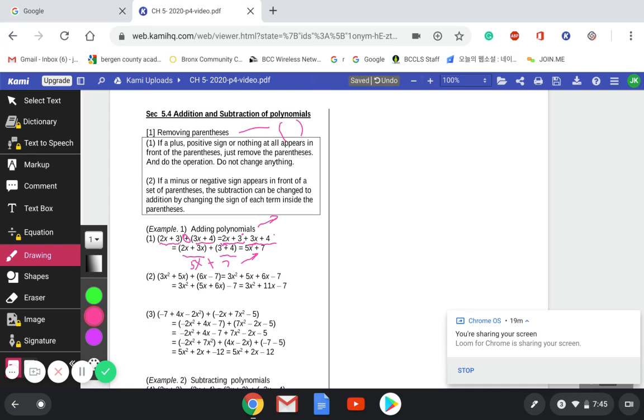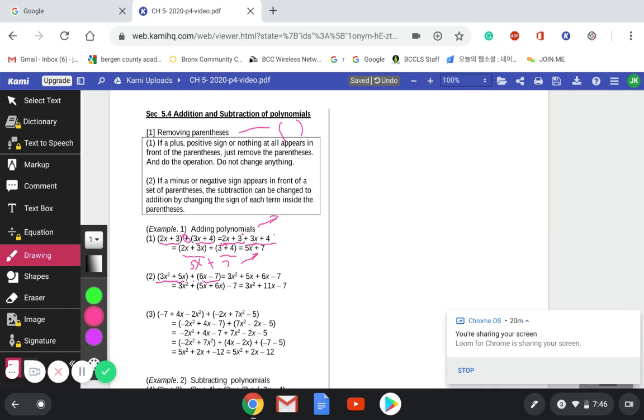So addition of polynomials with parentheses is pretty simple. Again, another example: when you have 3x squared plus 5x plus 6x minus 7 in parentheses. Sometimes we call parentheses a quantity of.